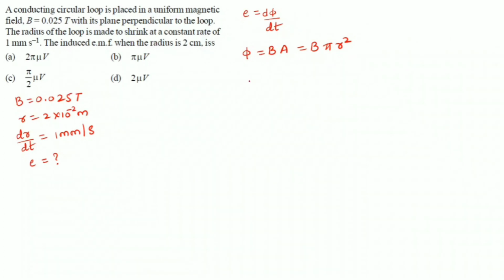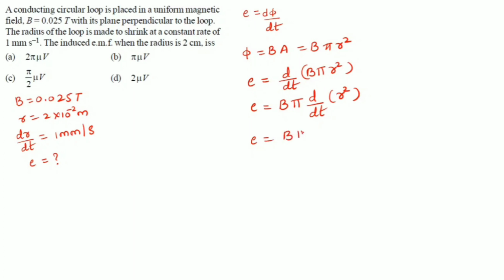So now induced EMF E equal to d by dt of B pi r square. Here magnetic field is constant, pi is constant, take outside, remaining is d by dt of r square. Differentiate it now: B into pi into 2r into dr divided by dt. Now substitute all the values.